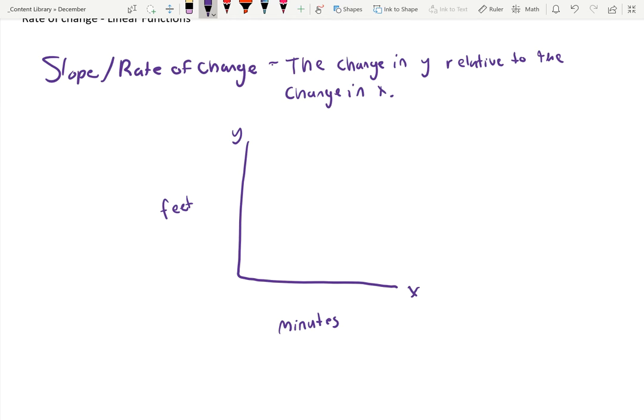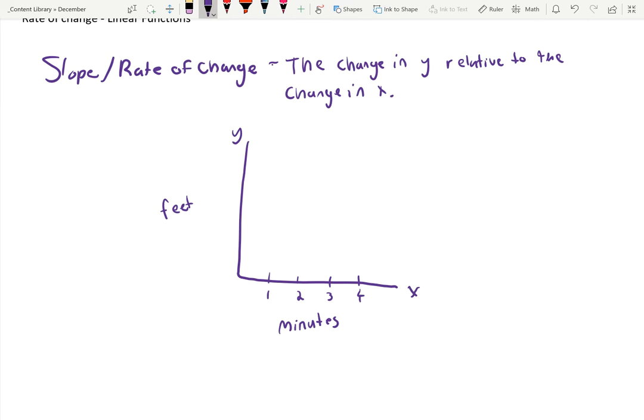All right. So let's say I'm going to graph someone's walking pace over a period of time. So we'll say 1 minute, 2 minutes, 3 minutes, 4 minutes, and so on.